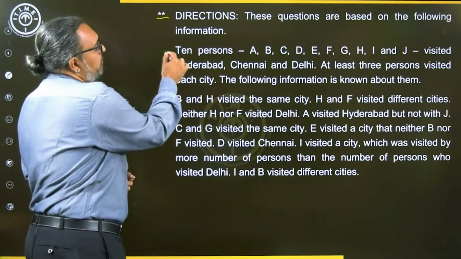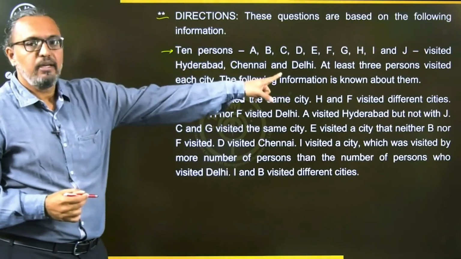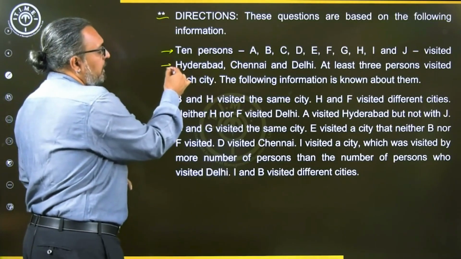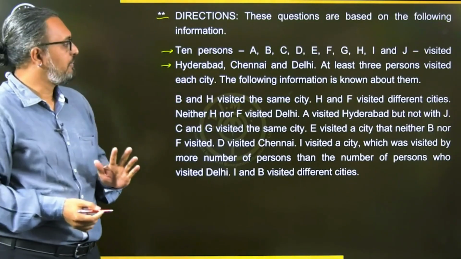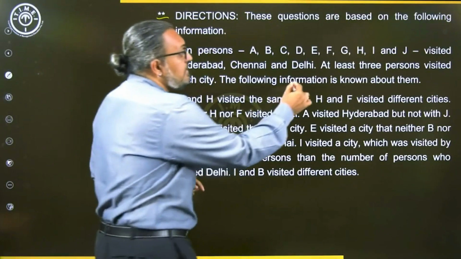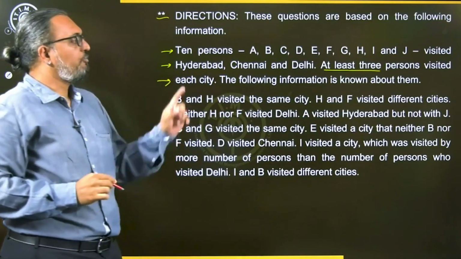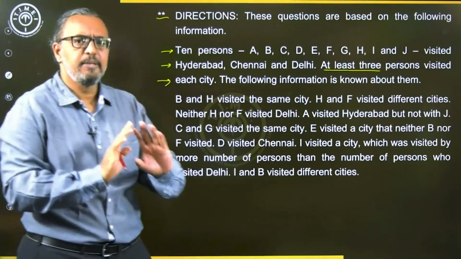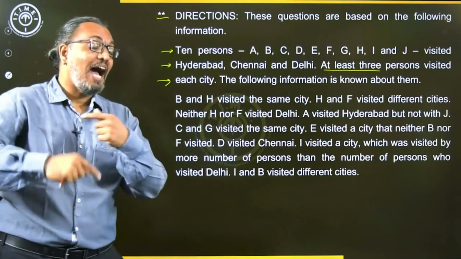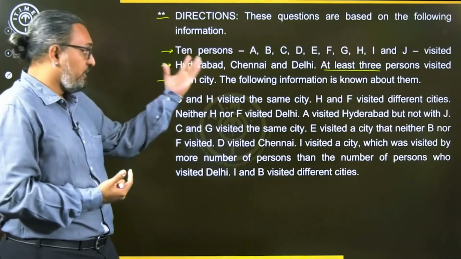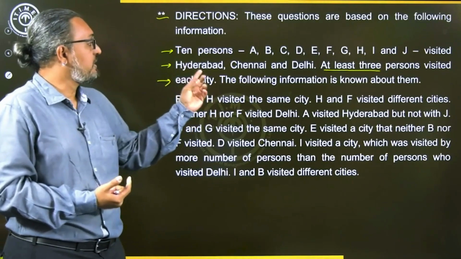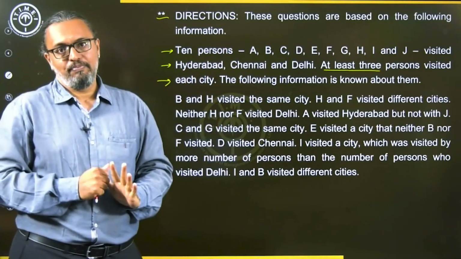He says 10 persons A to J visited Hyderabad, Chennai and Delhi. At least 3 persons visited each city. The following information is known about them. It's a simple distribution, but it's an uneven distribution because you have 10 people and there are only 3 cities, Hyderabad, Chennai, Delhi. Correct?